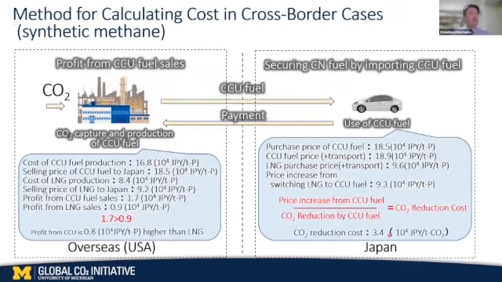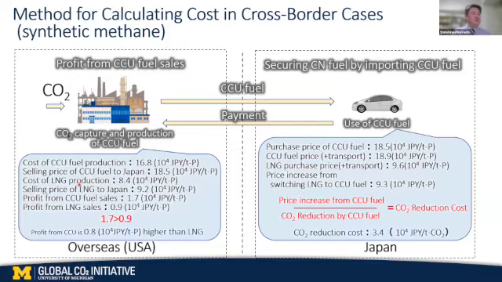But if you talk about TEA, the cost of CCU fuel production is 16.8. I estimated with Japanese yen, but the selling price, with a 10% profit margin, is 18.5.